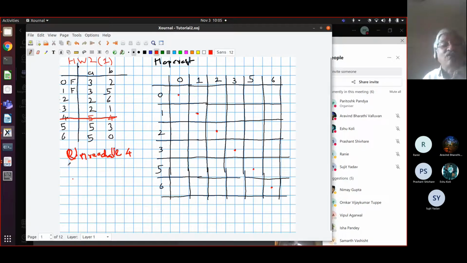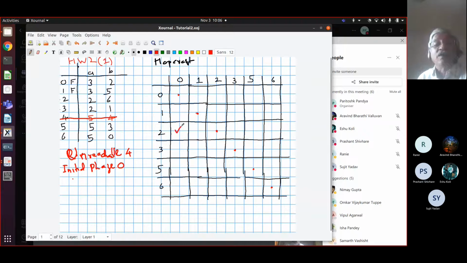So what is the initial phase 0? In phase 0, we distinguish final states from non-final states. 0 and 1 both are final, so we cannot distinguish them. Do you see why we can't distinguish 0 and 1? Because both are final. 0 and 2 we can distinguish, because 0 is final and 2 is non-final.